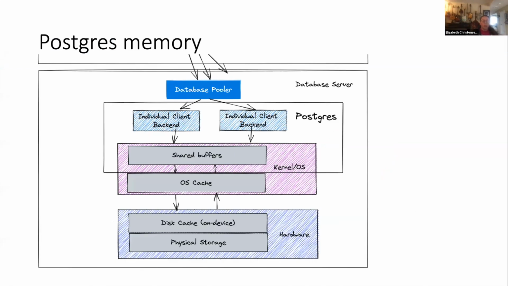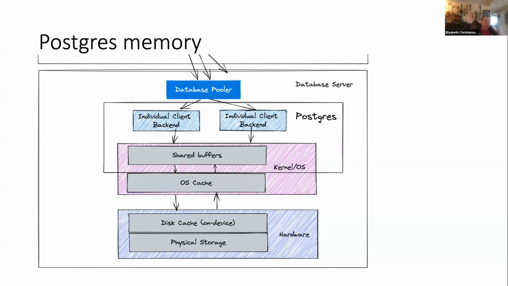So one of the things that I find really helpful when talking about memory in Postgres comes out of a blog post that I wrote with my husband, David Christensen. It's on the Crunchy blog, and it's called Data Flow in Postgres. Postgres has a lot of layers to how it gets data to you.